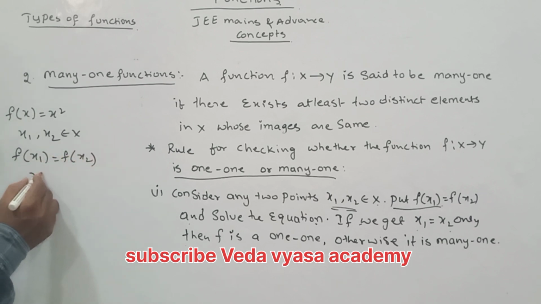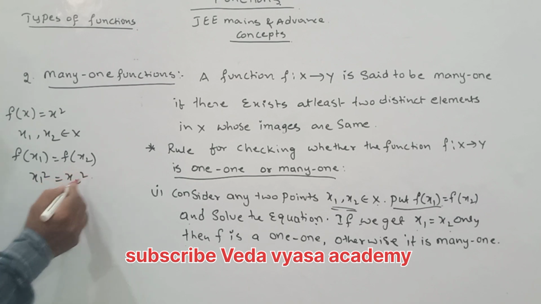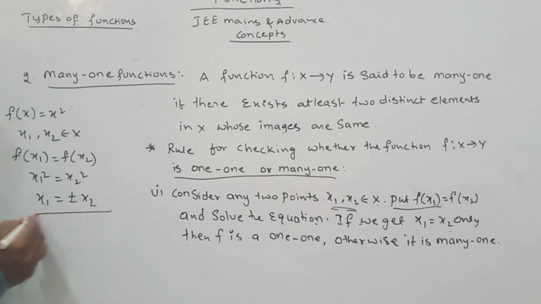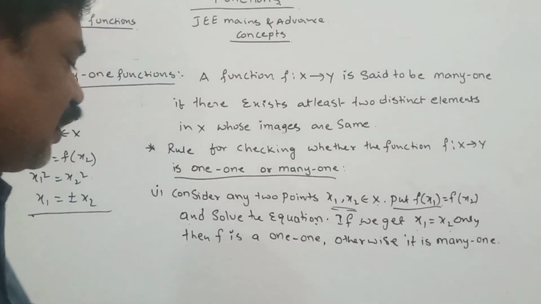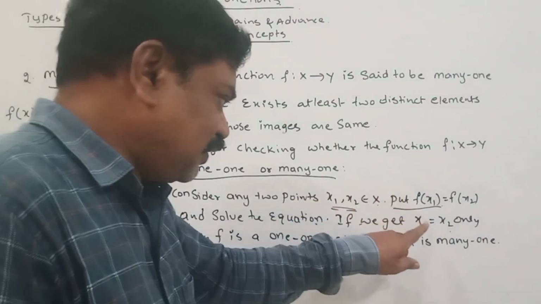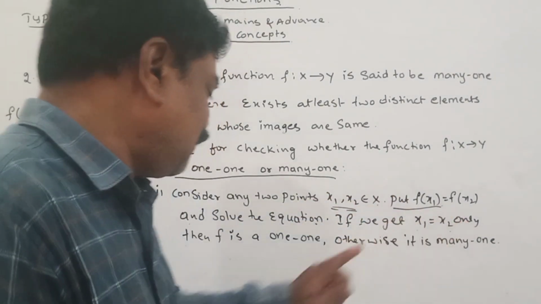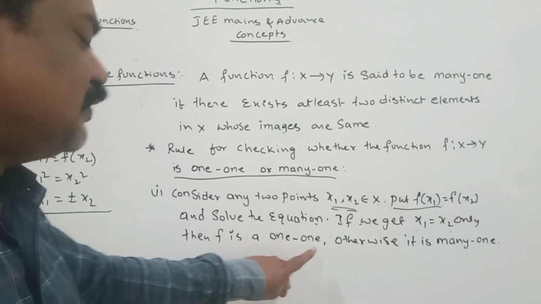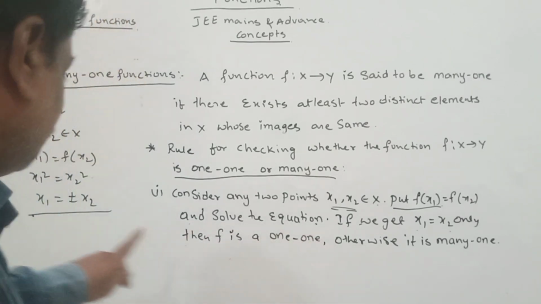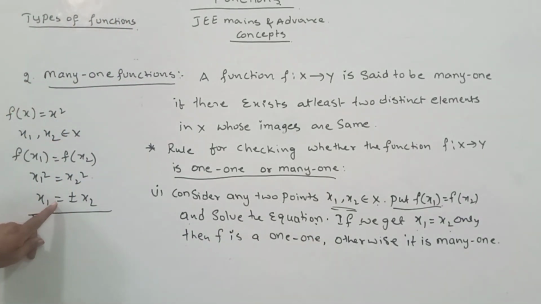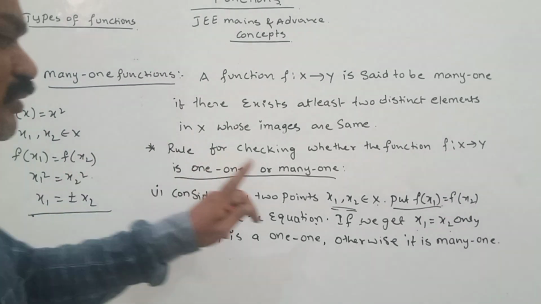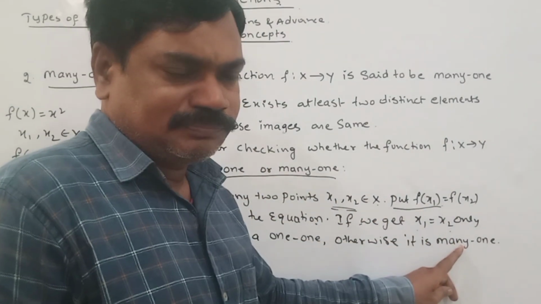Then x1 squared is equal to x2 squared, so x1 is equal to plus or minus x2. If x1 is equal to x2 only, then we say f is a one-one function. Is it one-one? No. It is a many-one function.